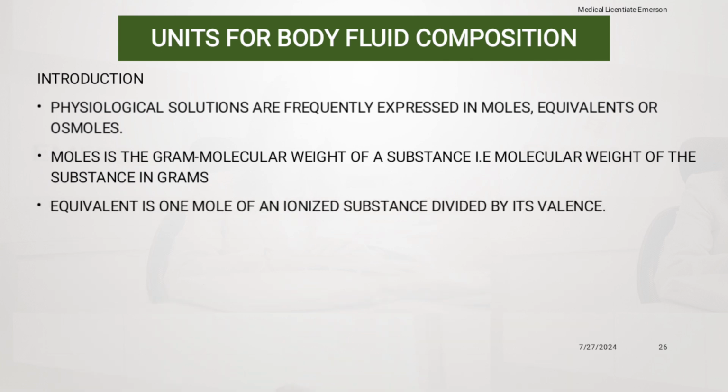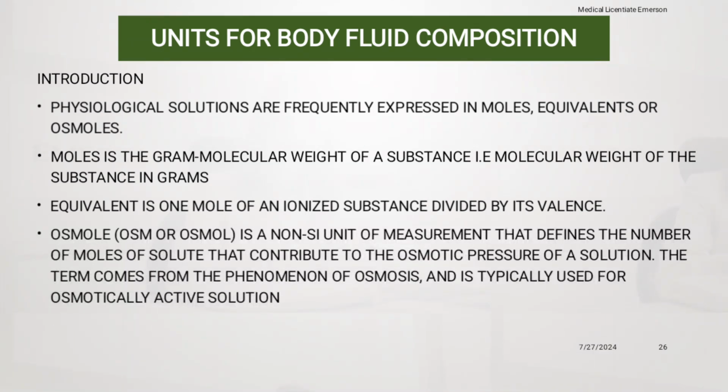An equivalent is 1 mole of an ionized substance divided by its valency. An osmole, abbreviated as OSM or osmol, is a non-SI unit of measurement that defines the number of moles of solutes that contribute to the osmotic pressure of a solution. The term comes from the phenomenon of osmosis and is typically used for osmotically active solutions.